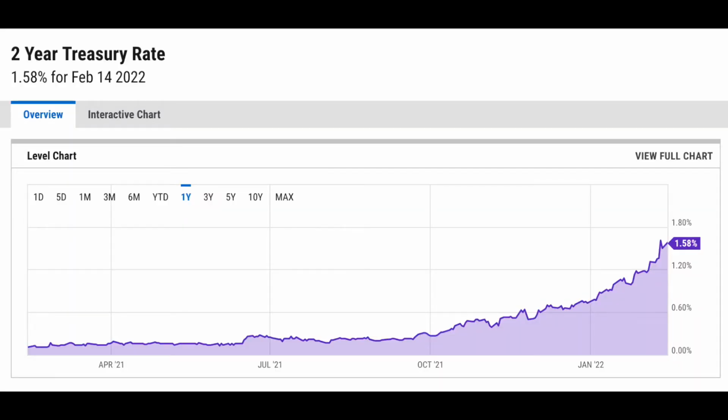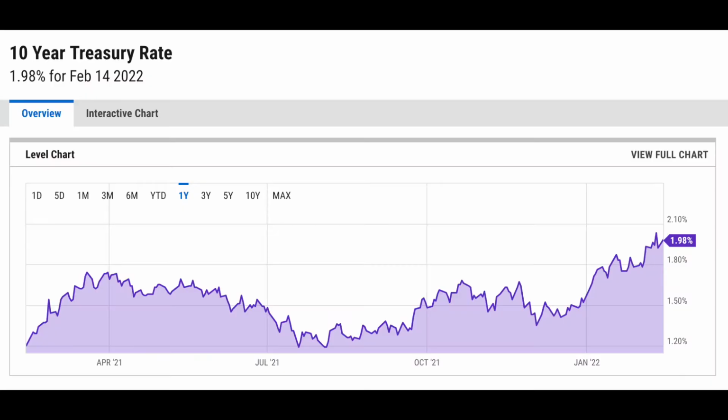And what happened last week when the 7.5% inflation news came out, the yield of the US Treasury bonds, especially the 2-year and 10-year Treasury bond, has been climbing up. You can see that. This is the 2-year Treasury bond. Right now it is yielding 1.58%, and the 10-year Treasury bond is yielding 1.98%.